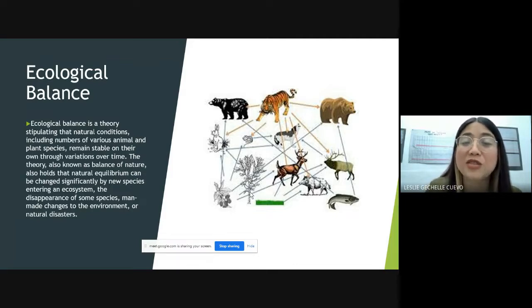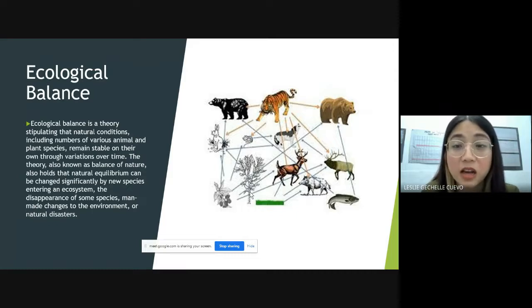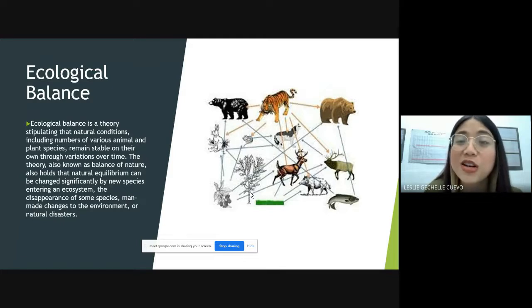So kapag may pumapasok na bagong part ng ecosystem, nababago siya. The disappearance of some species, yun na nga, kapag na-extinct, nasisira din ang ecosystem. Man-made changes to the environment, yung forest, ginawang subdivision. So yun, nawawala. Literal na nawala ang ecosystem nila. Or natural disasters.